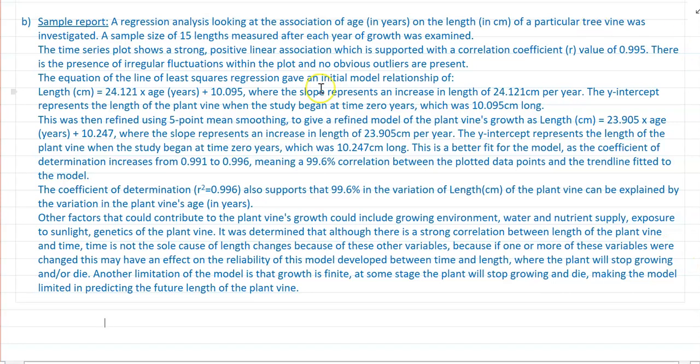For part B, I'm taking a lead off that. Start off by talking about the regression analysis looking at the association of age on the length of a particular tree line. There were 15 lengths measured after each year of growth. The time series plot showed a strong positive linear association supported with your correlation coefficient value of 0.995.